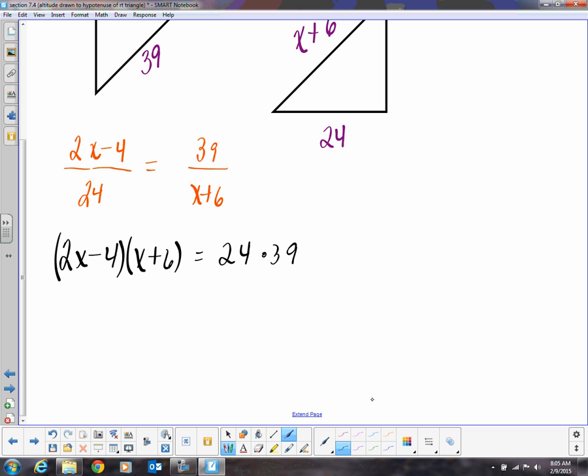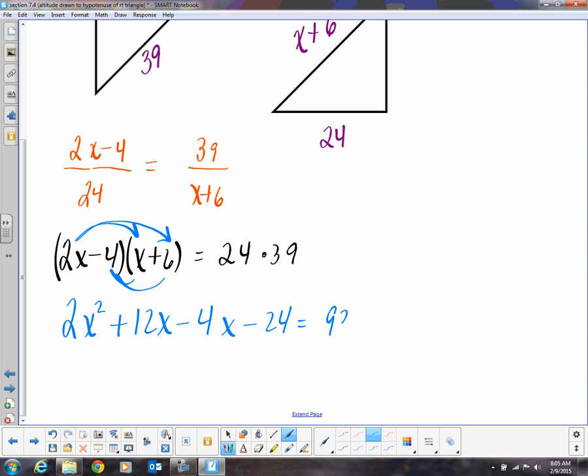All right, so then we're going to say 24 times 39, and I have no idea what that is. So when we go to multiply, we're going to distribute the 2x and get 2x squared plus 12x. Then we're going to distribute the negative 4 and get negative 4x minus 24 equals 936.